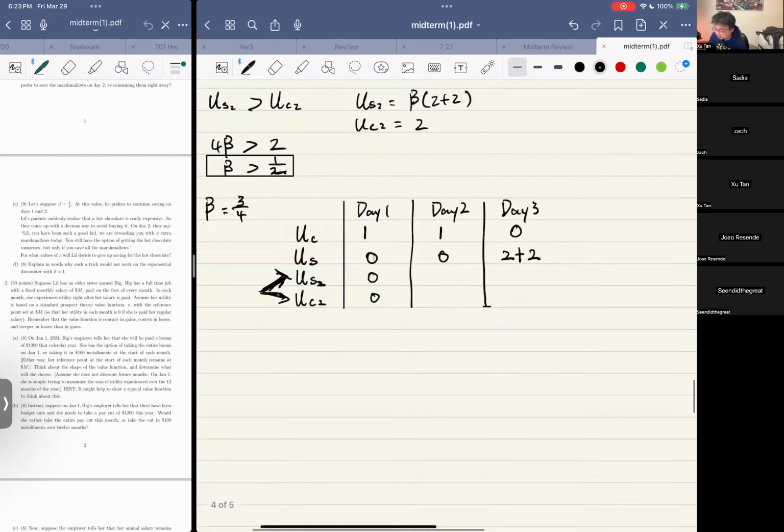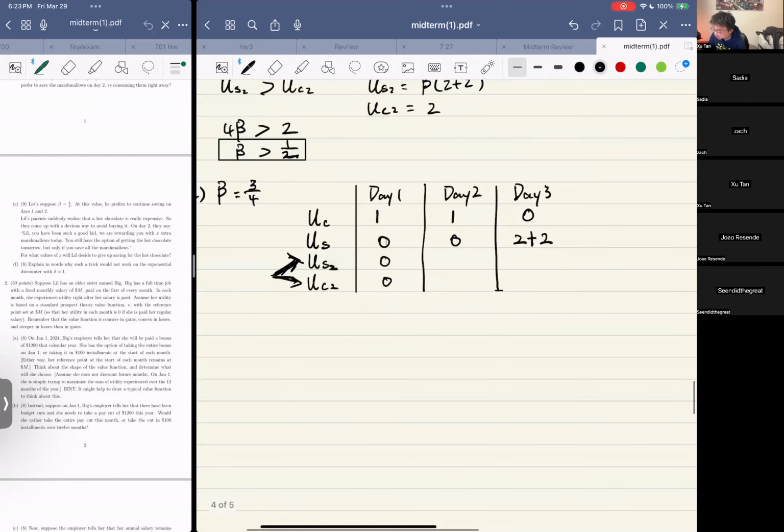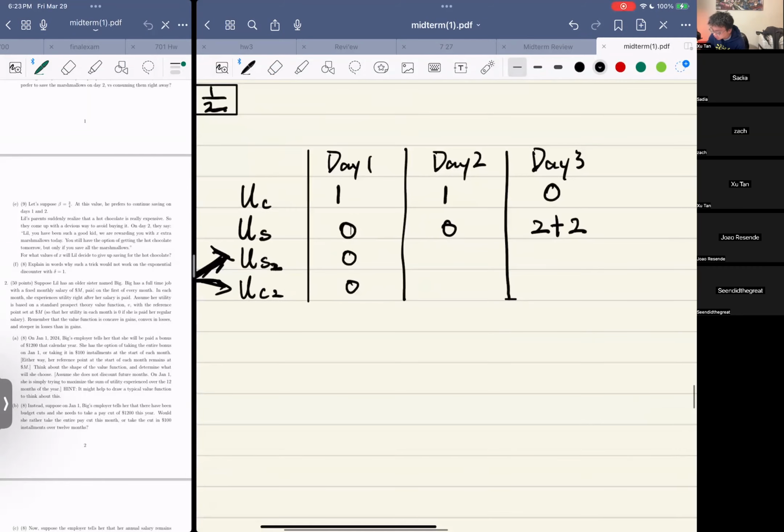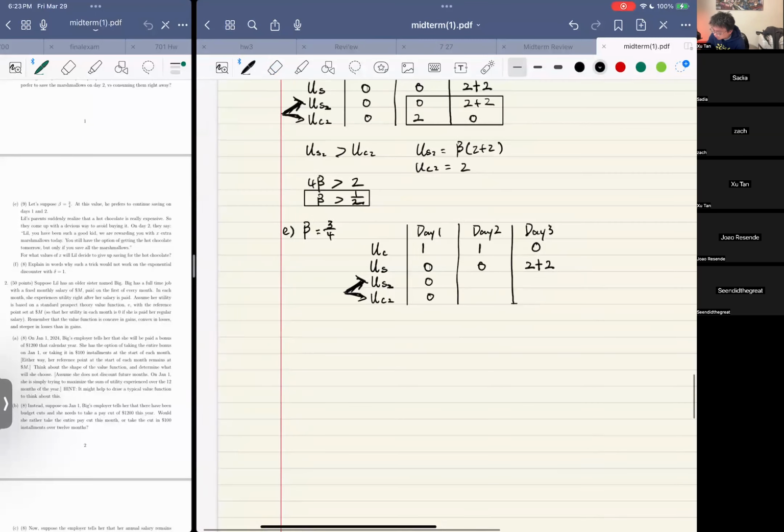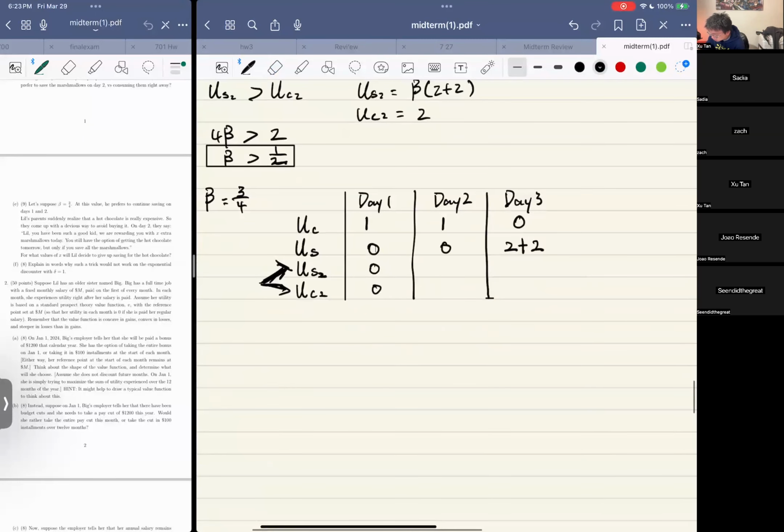Because on day 3 the parent will have to buy hot chocolate that is worth a gold. So for saving, if Lily fights the temptation, it would be 2 plus whatever X amount of marshmallow the parent offers, and plus 2 units from the hot chocolate, if Lily saves.